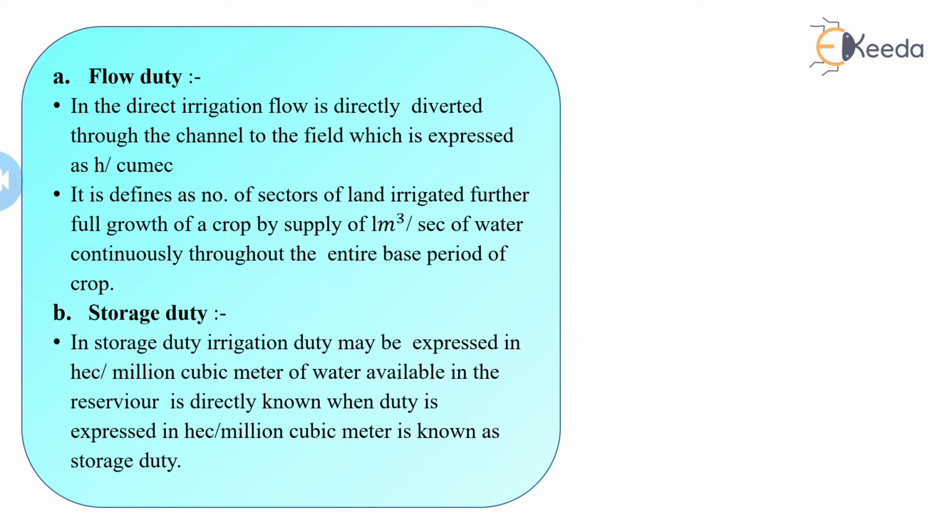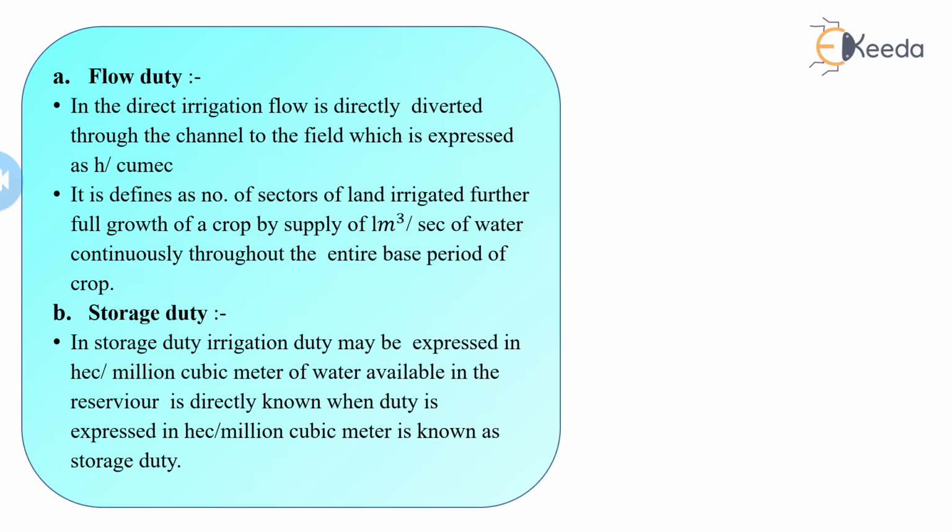In this type of duty, irrigation may be expressed in hectares per million cubic meter of water, which we store in a reservoir. So we can directly calculate the capacity of the reservoir by calculating this storage duty. So these are the two types of duty, flow duty and storage duty.